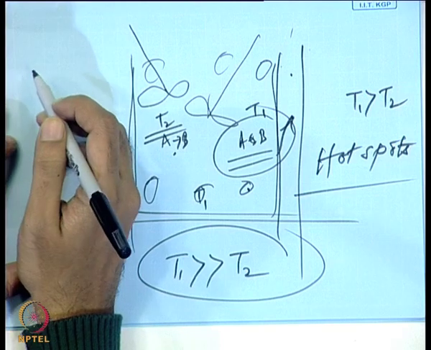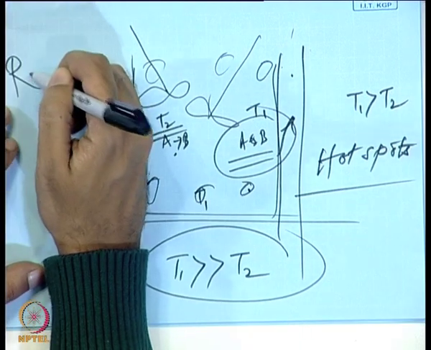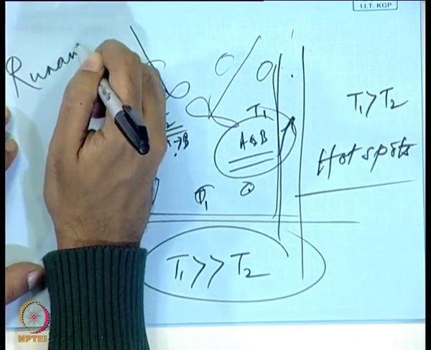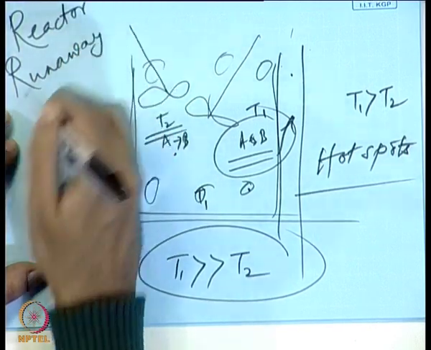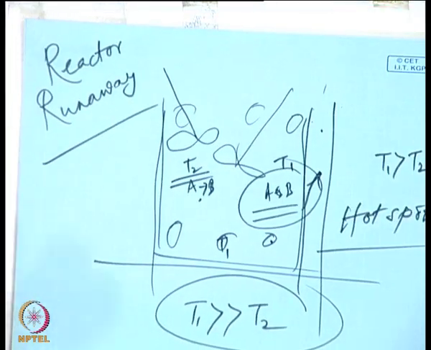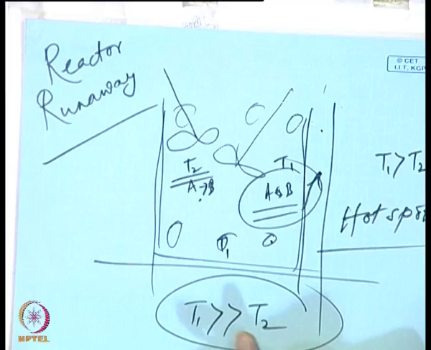When a reactor blows up, it is not that the temperature in the whole reactor is very high, it is that certain parts of the reactor become extremely hot and cannot be handled and it blows up, and that is called reactor runaway, okay. This phenomenon is called reactor runaway.